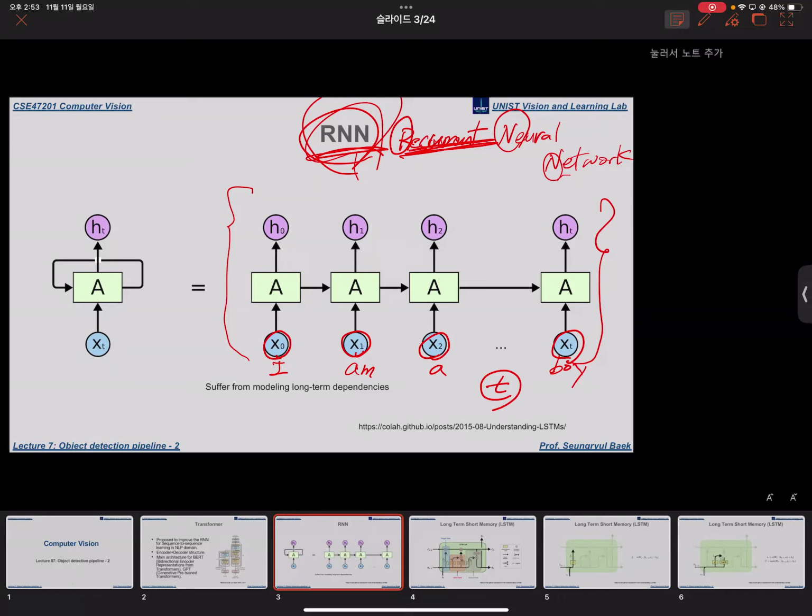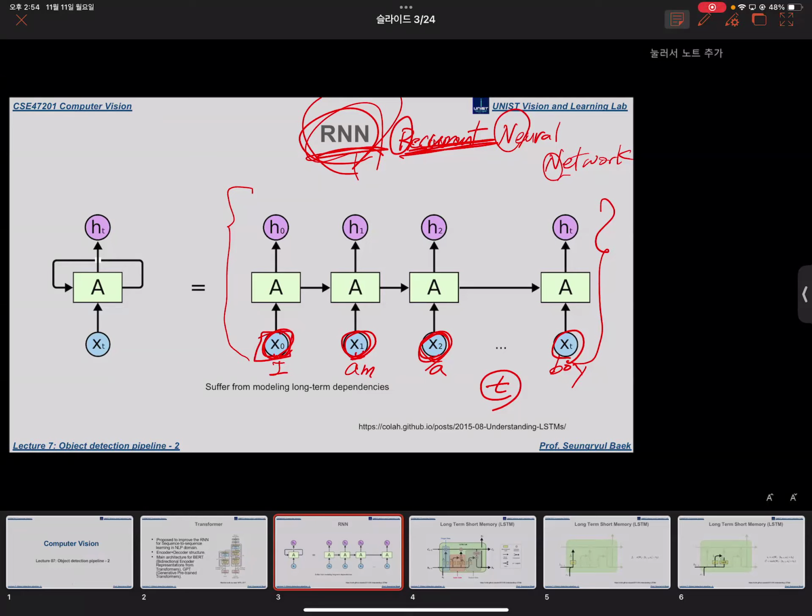Maybe if we are processing video, then this could be the first frame's information, and this could be the second frame's information, and this could be the third frame's information, and so on. Okay, so video information is this kind of sequence data, right? But normally when processing one image, there is no meaning of this sequence. Okay, are you guys following this?